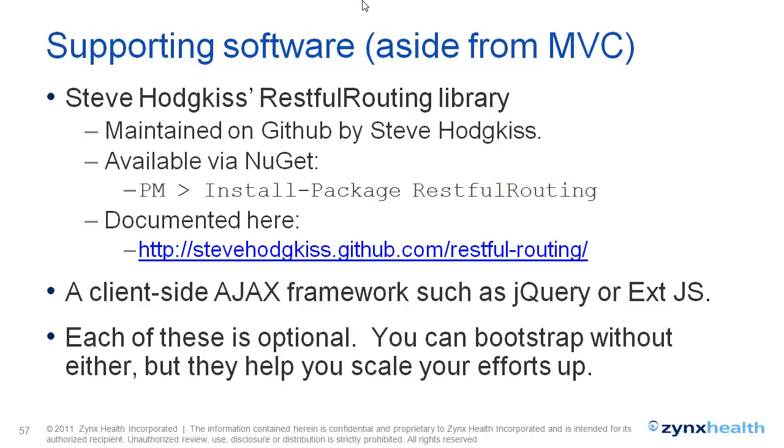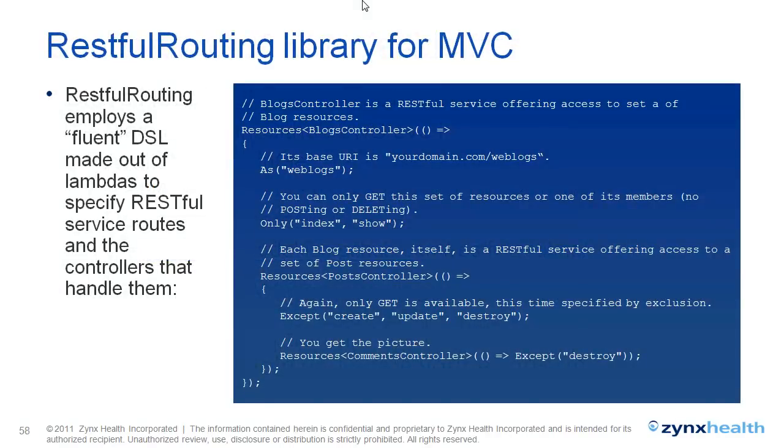And beyond that, it's often useful to have some kind of framework on the JavaScript side, abstracting you away from the AJAX functionality embedded in the browser. As I mentioned previously, both of these things are actually optional. You can bootstrap a RESTful interface and its clients without them, but I will be using them in my demo.